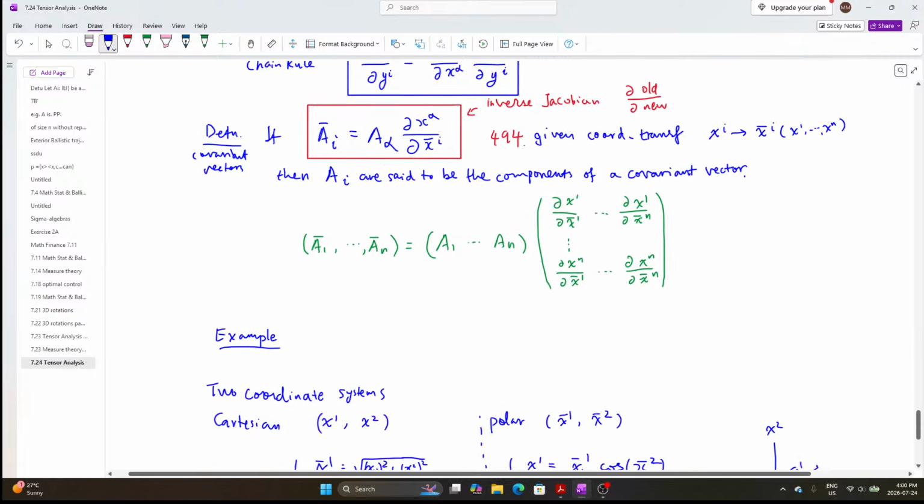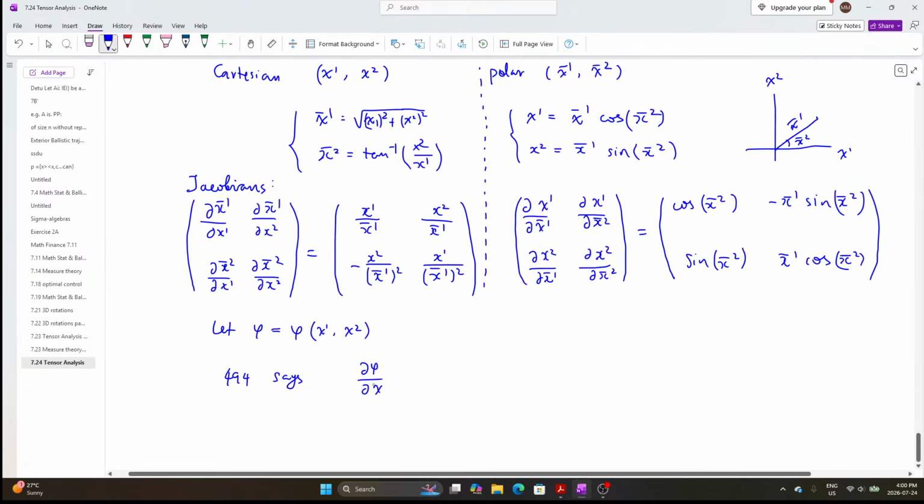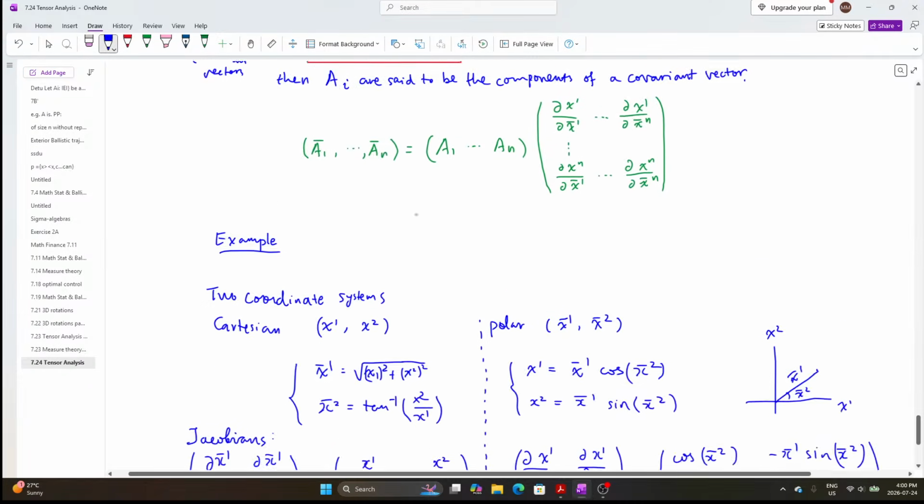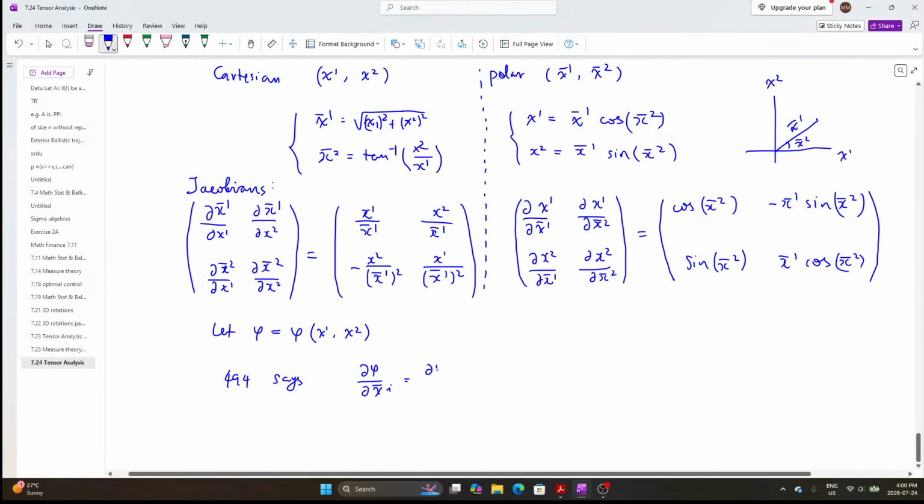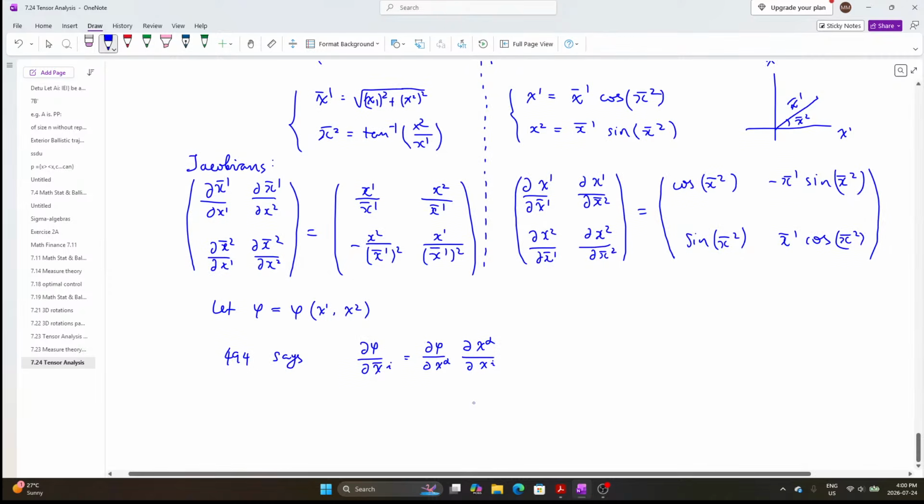This is new. So d phi over dx bar i equals d phi over dx alpha times the partial derivative of dx alpha over dx bar i. Or in matrix form, we just wrote down the matrix form earlier. It's now a multiplication of row vectors.